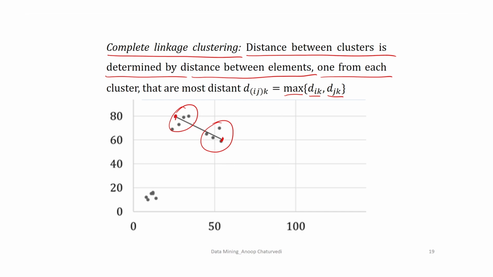You select one point from this cluster, one point from this cluster, and we select these points in such a manner that the distance is maximum, and then we consider this maximum distance as the distance between two clusters. Whereas, in single linkage we consider the closest distance, say this one.